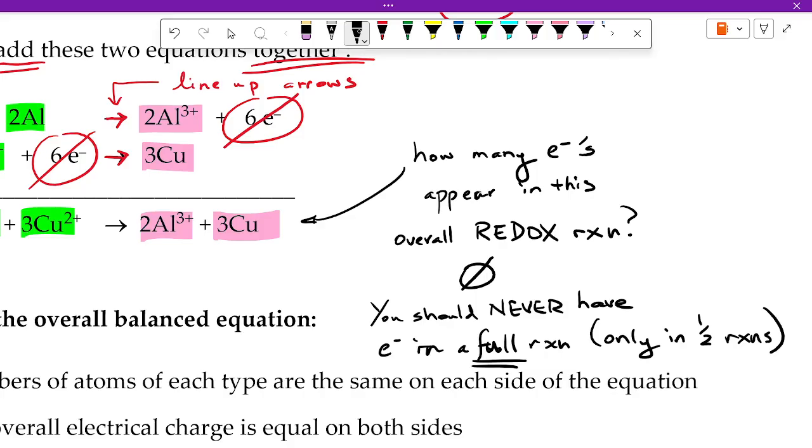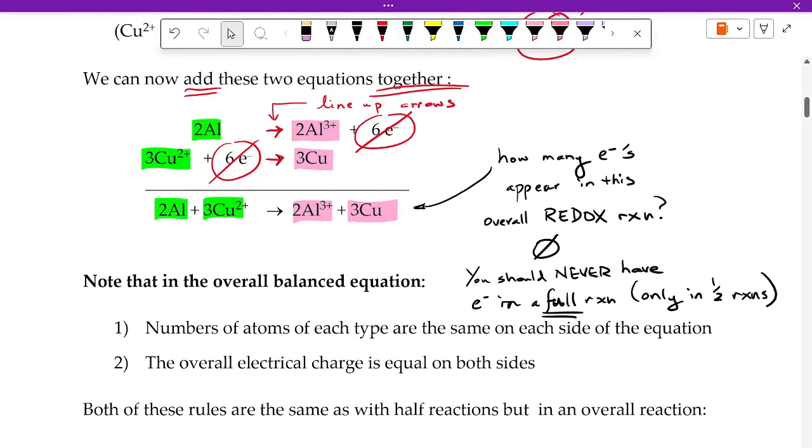Even though I tell you this, there's going to be somebody, I don't know whether it's this block or my other block, who gives me a full reaction, and there's going to be electrons in there, and I'll be like, oh. And you're like, no, that's not possible. And yet, some people gave me a Ka for when we had a base. So, you know, it happens.